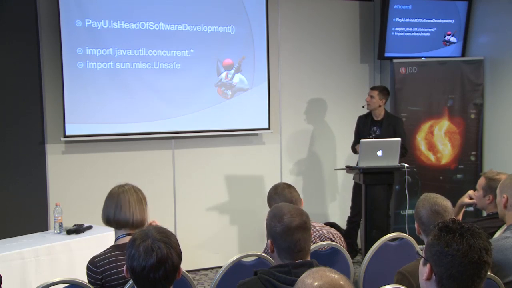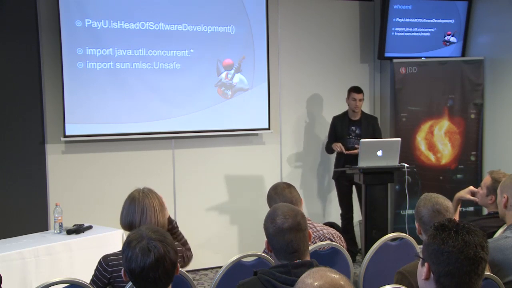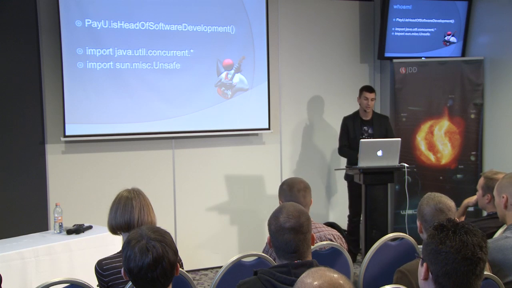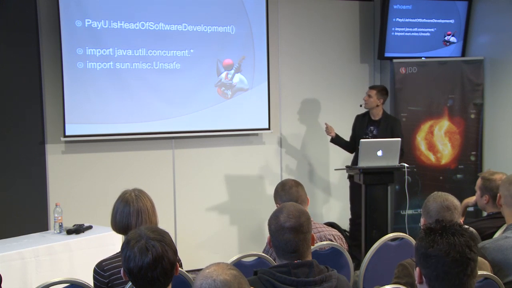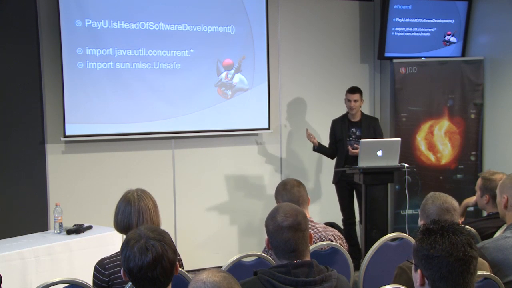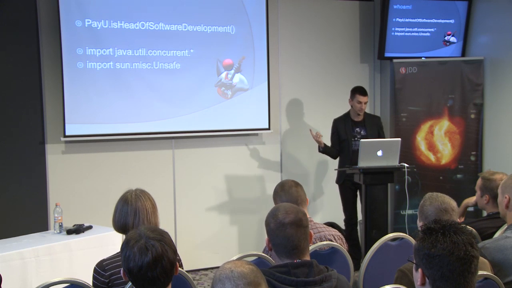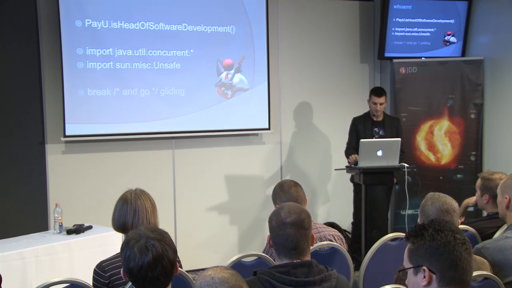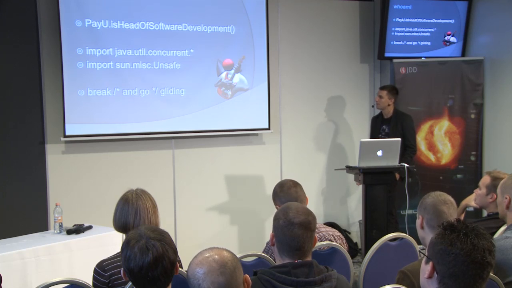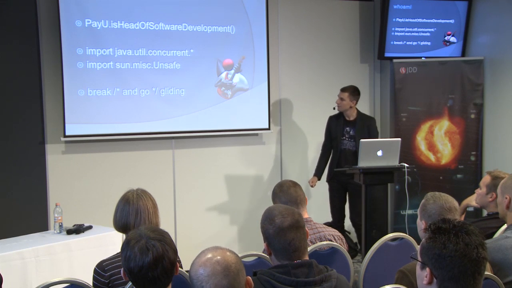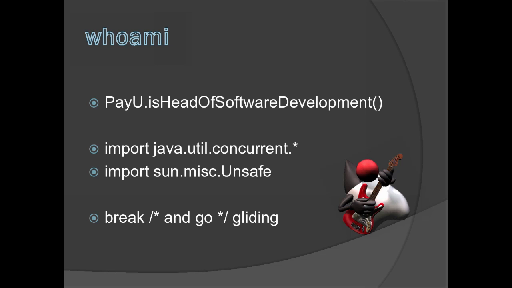So it allows direct access to memory, compare and swap operations. You can even inherit from the String class using the unsafe operations. And after work, I spend my time gliding near Krakow, and I'm also a contributor of LK8000 navigational software, unfortunately written in C++.